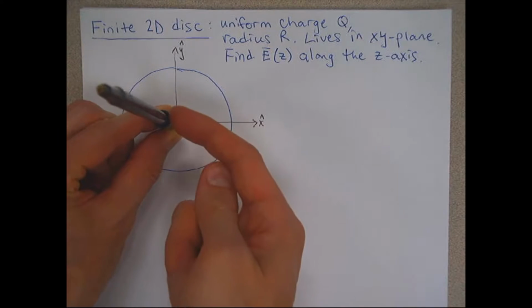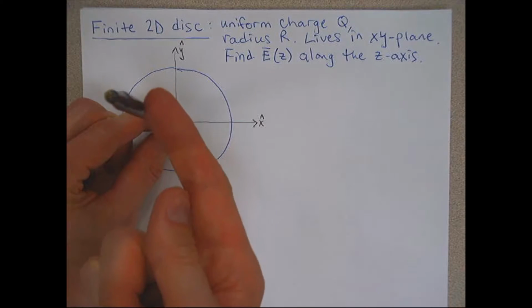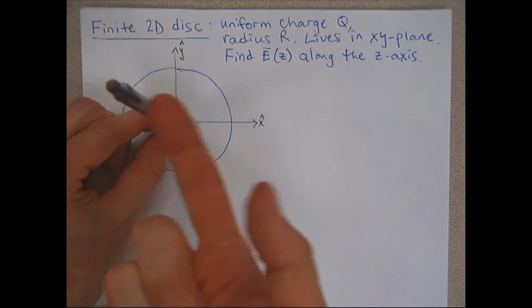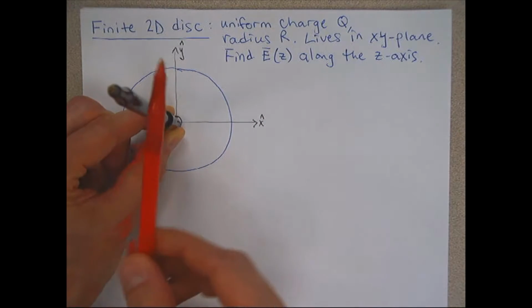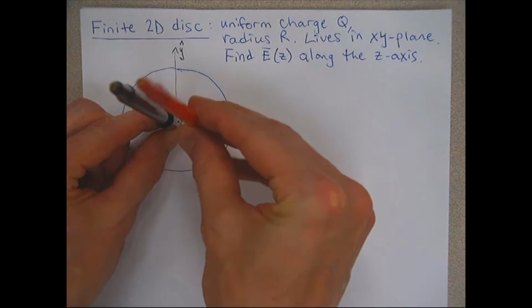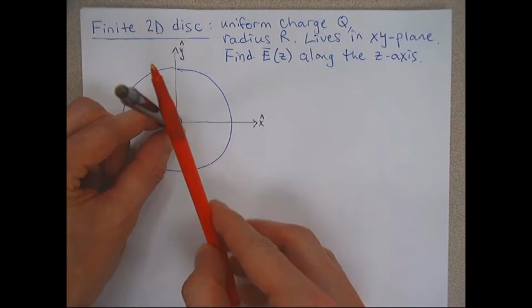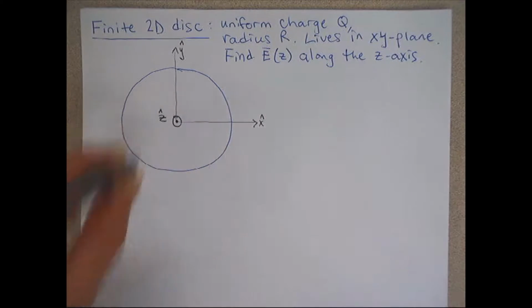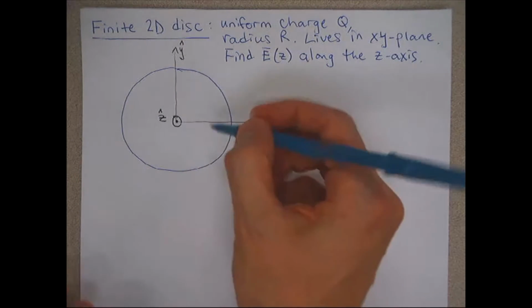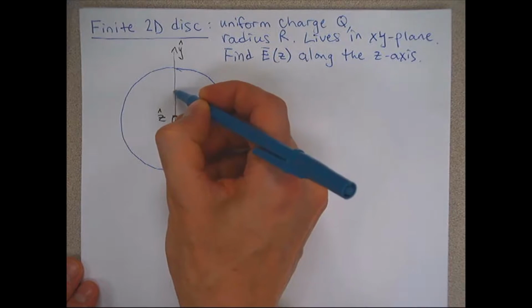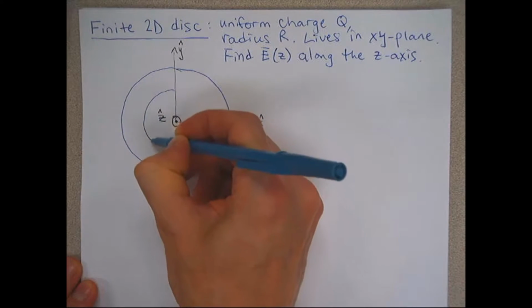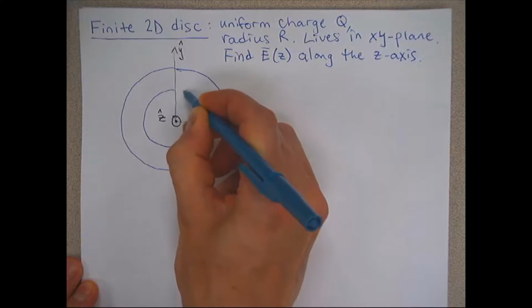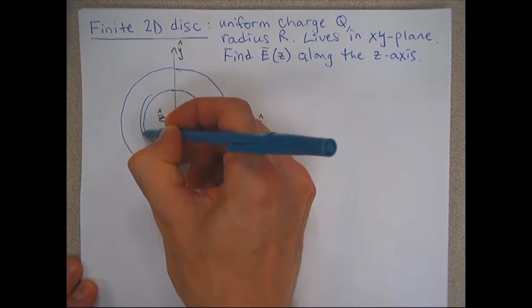We want to step up the z-axis and determine what's the electric field coming from this disk at each location along that axis. Now, based on our result for the one ring of charge, you have an advantage for solving this problem already.